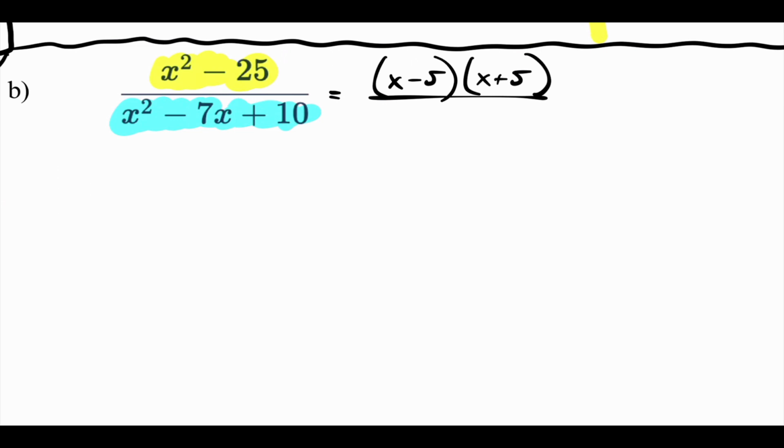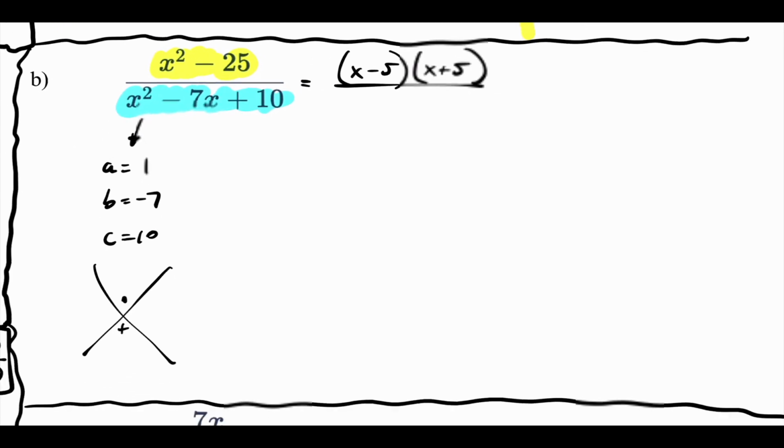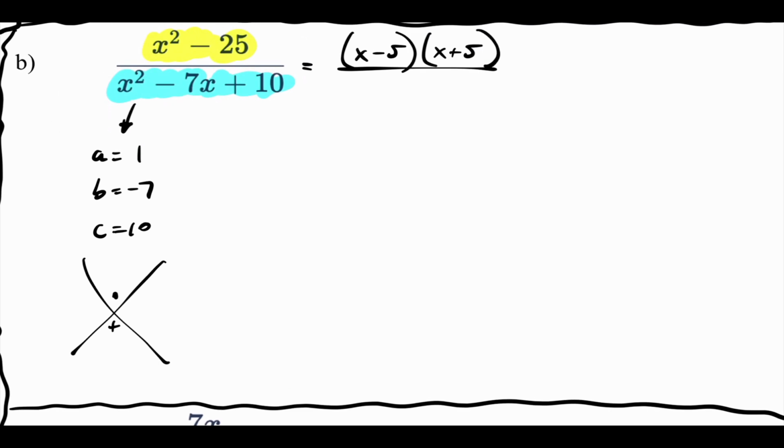Okay. Bottom is a trinomial. A is 1, B is negative 7, C is 10. Two numbers that multiply to be 10, add to be negative 7, negative 5, and negative 2.